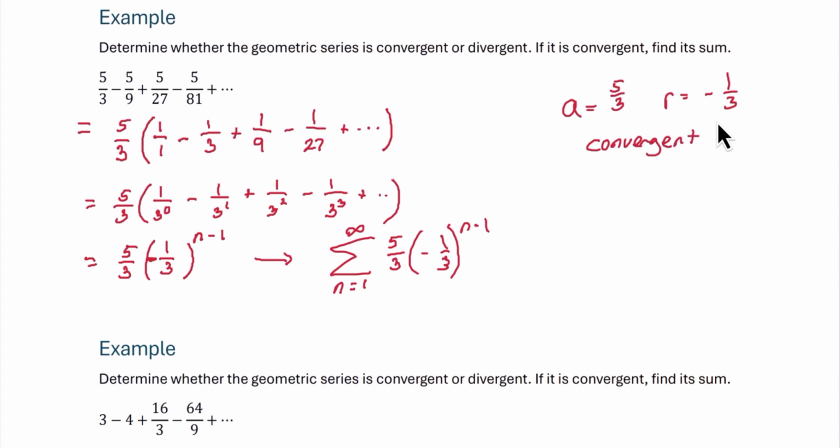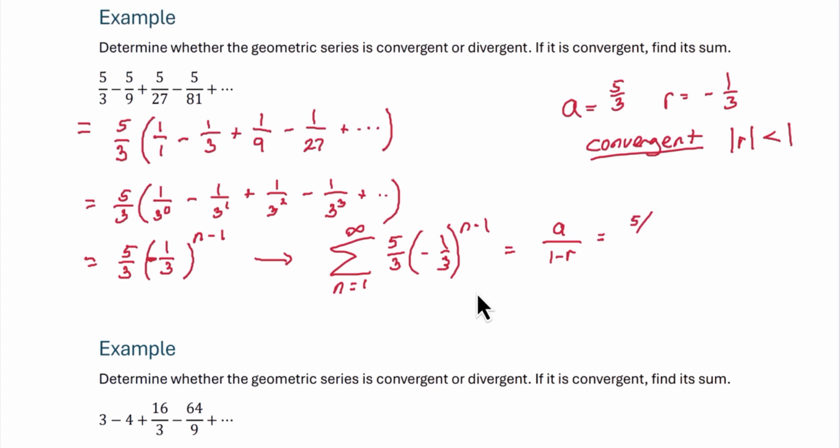Again, a geometric series will converge when the absolute value of R is less than 1, meaning it's between negative 1 and positive 1. And we have that nifty little formula that will tell us what it converges to. That is A divided by 1 minus R. So let's just plug in what we know.